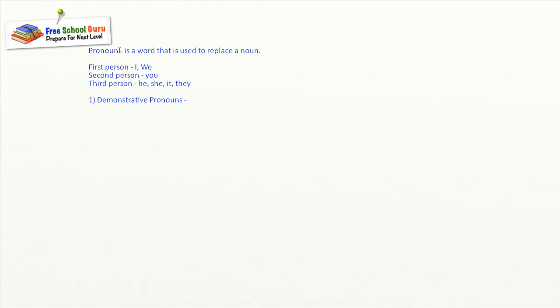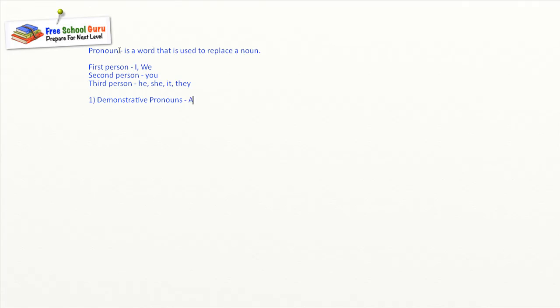For example, this is a book. This is a pen. So I'm using this word to demonstrate this is a book. That is a big tree. I'm pointing out at that tree. I'm telling somebody that is a tree. So let's write the definition first.